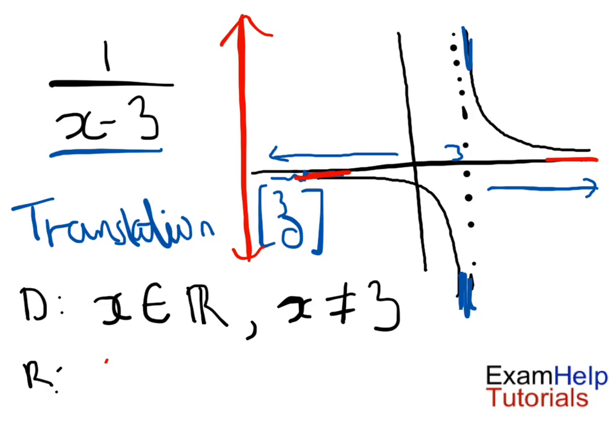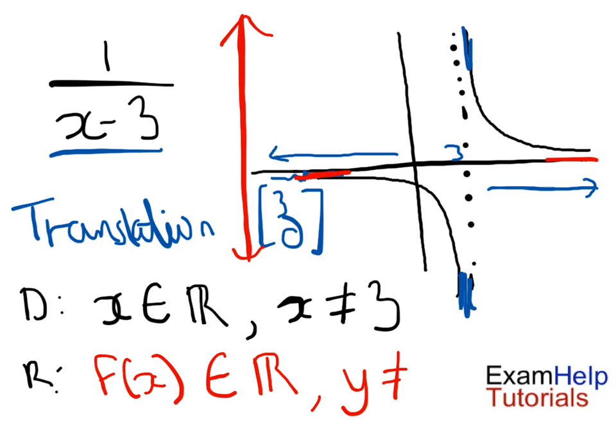So we're going to give, actually sorry, I'll write f of x instead. f of x belongs to a subset of any real number, but y must not equal 0. Okay, so that's just a quick thing on reciprocal functions.